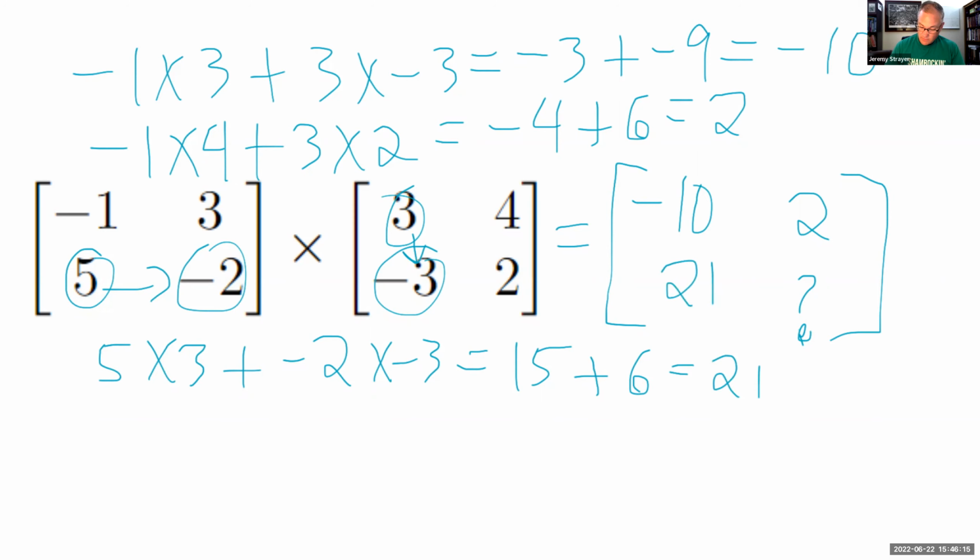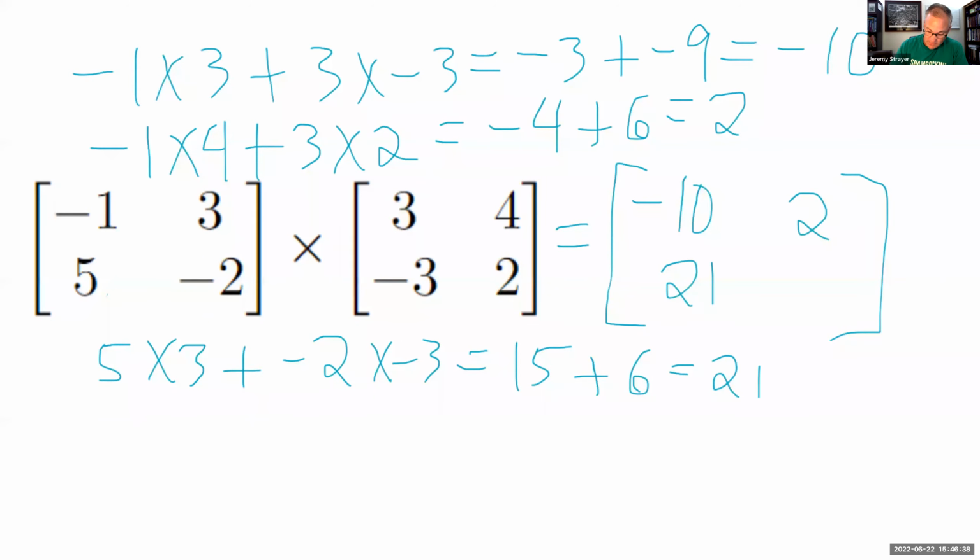And then finally, we'll move to this location. Here we've got second row, second column. So again, we'll use the second row here and this second column. Great, second row, second column.